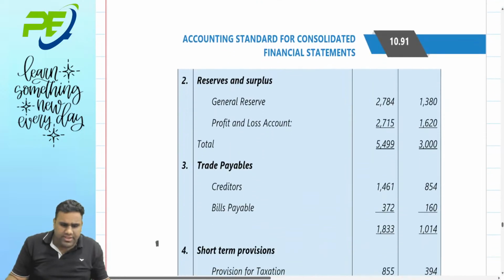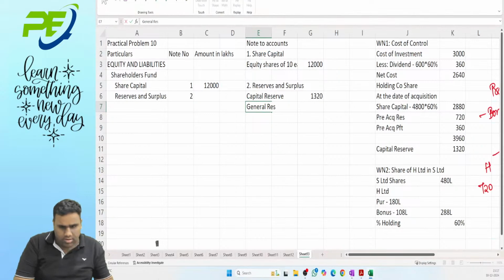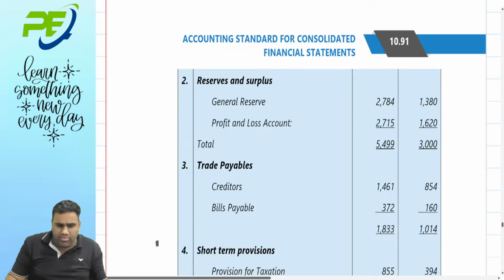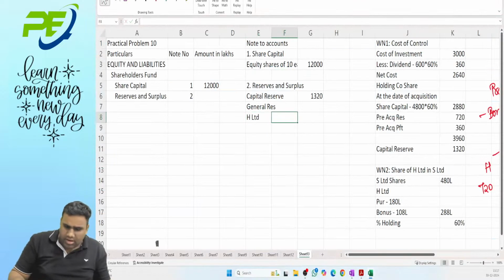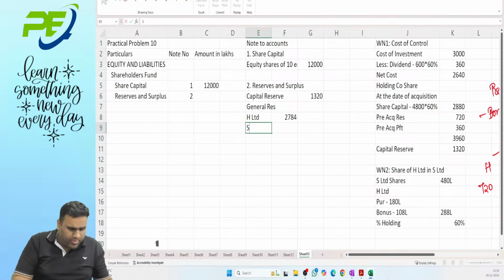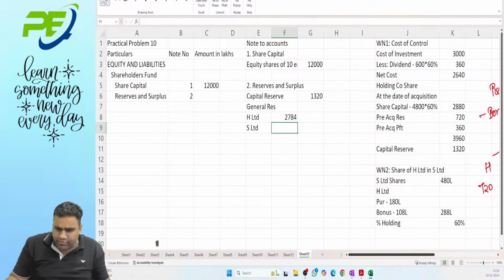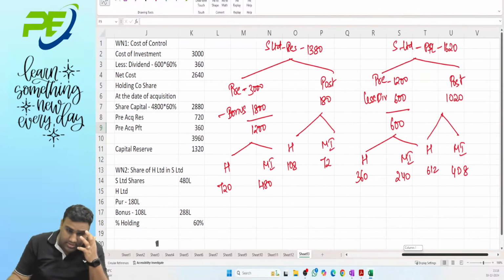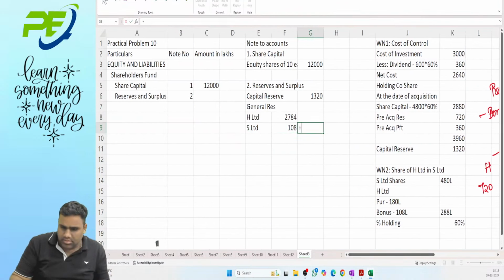After capital reserve, the next item is general reserve. How much for holding? 2784. How much for subsidiary? We have to see here. 108. Then P&L.